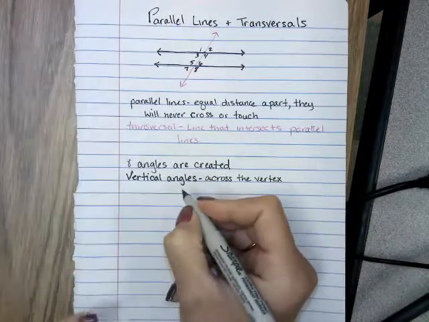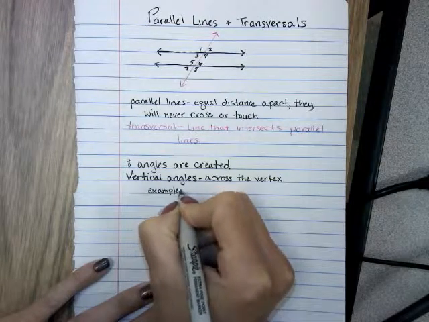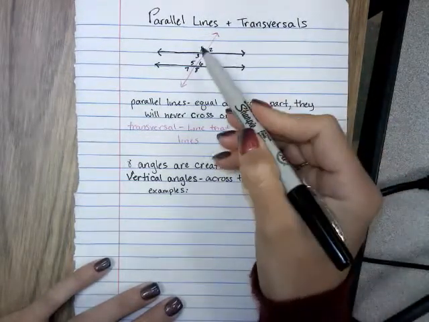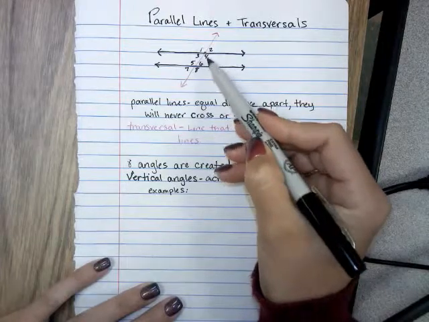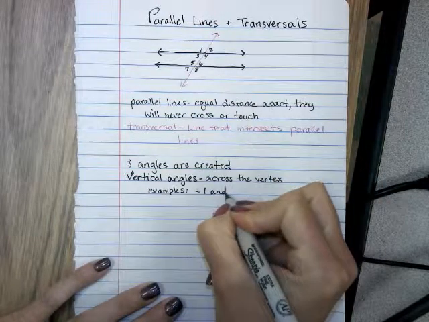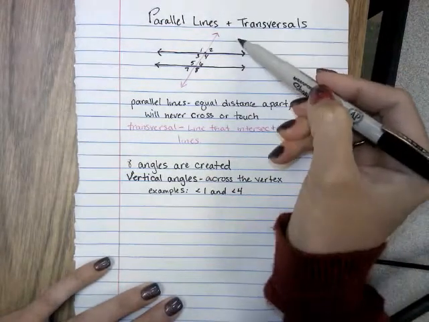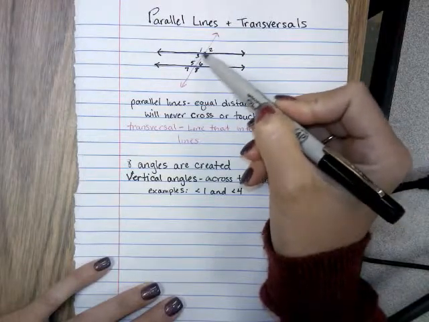So some examples of vertical angles from this diagram are angles 1 and 4. Angles 1 and 4 are across the vertex from one another. Also across the vertex from one another are 2 and 3.